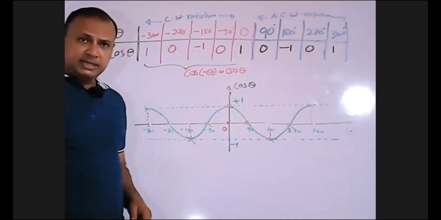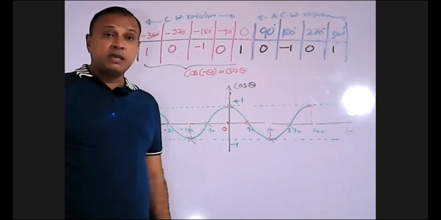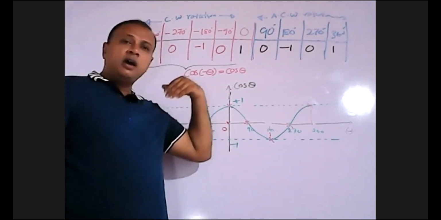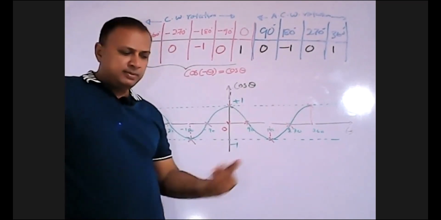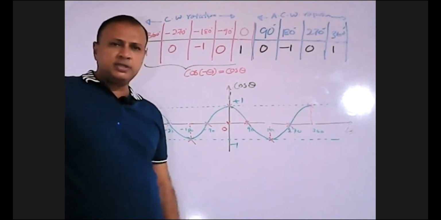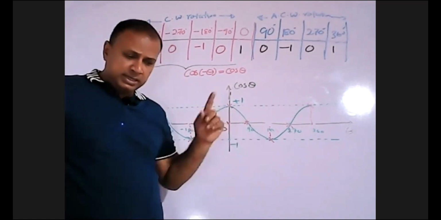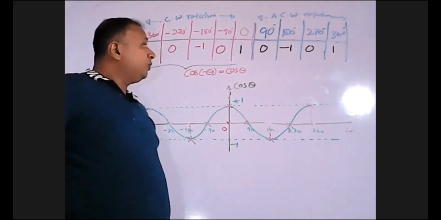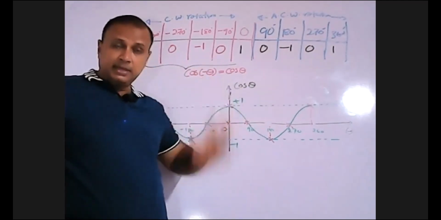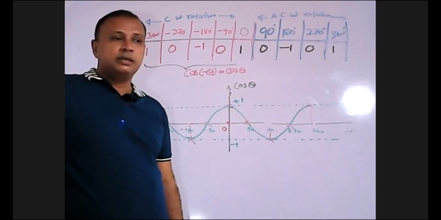Okay, today we have discussed some applications of our previous lesson. We have done about 5 or 6 questions. Then we have discussed trigonometric ratios of integral multiples of 90.